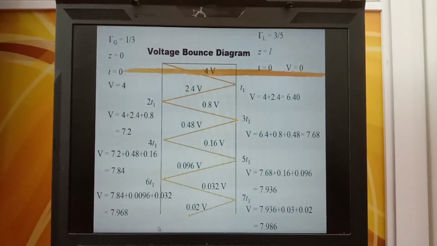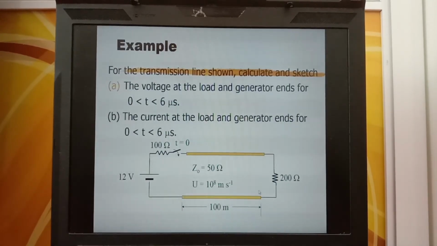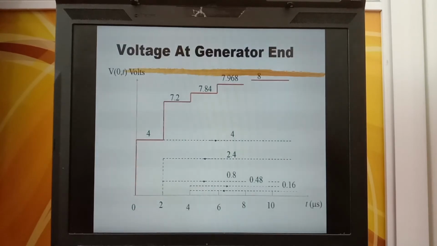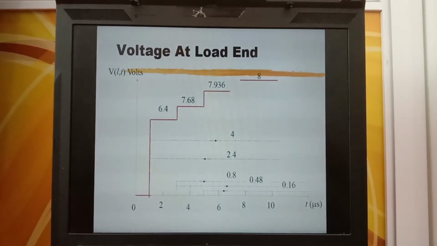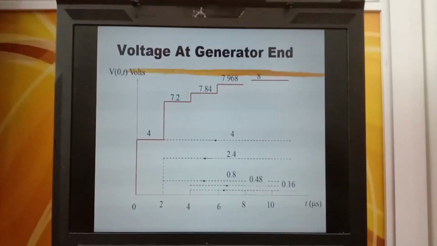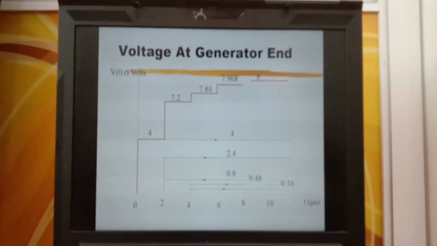And we will find that the voltage at the source end is equal to the voltage at the load end if the voltage source is a DC voltage of 12 volt. We can do the same for the current, which we will do later. But first, let us plot the voltage at the generator end and the load end.